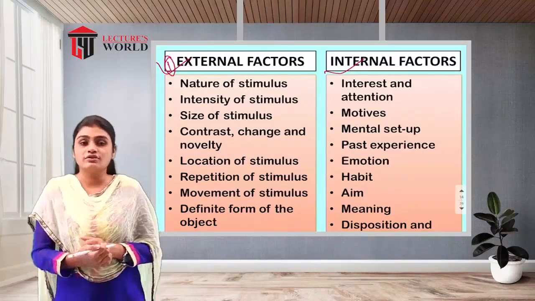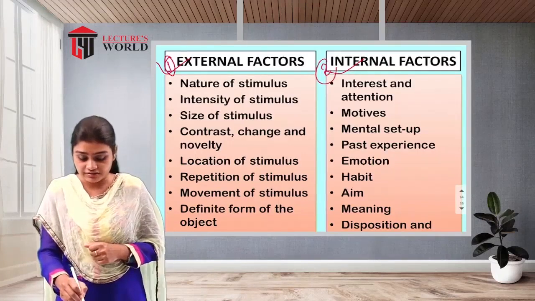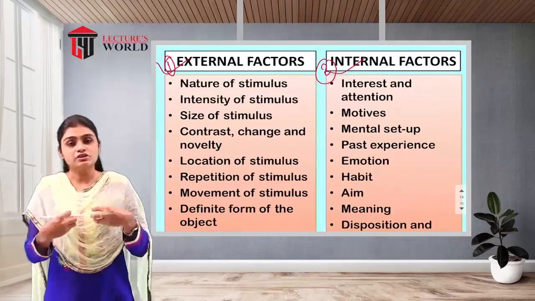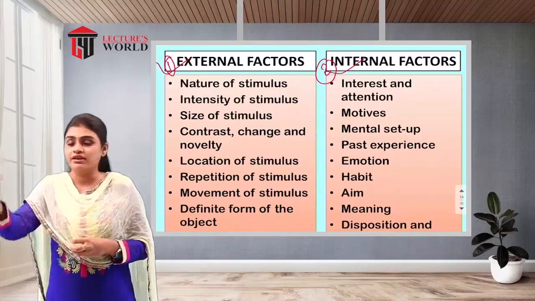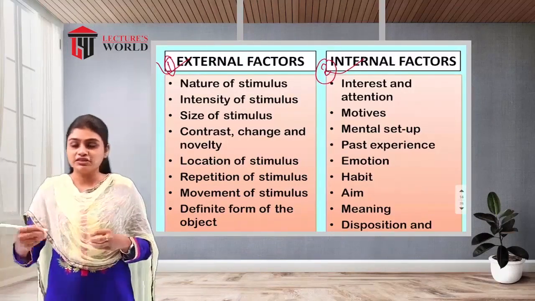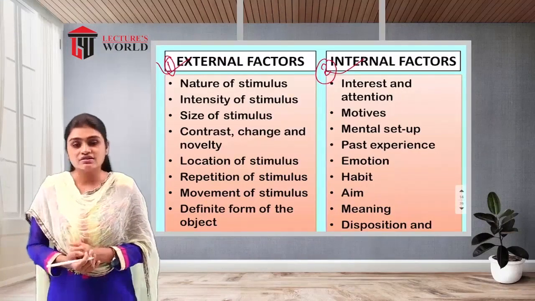At the same time, internal factors are inside the human being's body, the factors making them focus on something, some individual, some event or some circumstance. So that is called internal factors.